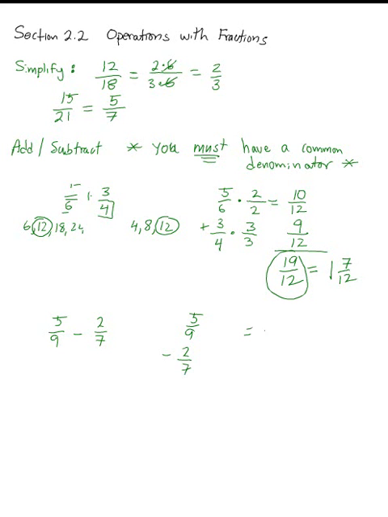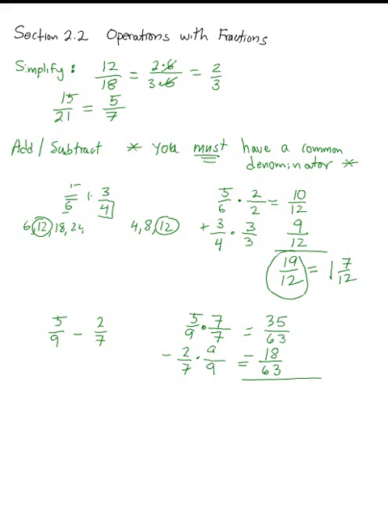And I need to write them both so that they have a denominator of 63. All right, so what do I need to multiply by? Well, the top fraction, 9 times 7 gives 63, so I got to multiply by 7 on bottom, which means I got to do 7 on top. 7 times 5 is 35. The one on bottom, I got to multiply 9 times 7 gives me 63, so 9 on top, that's 18.